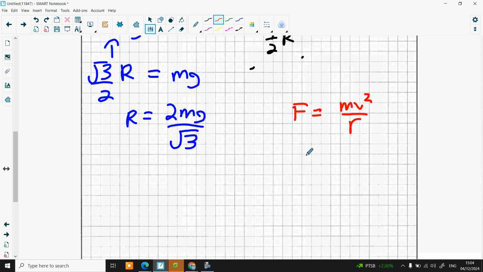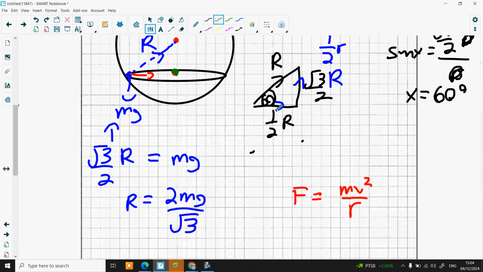What you reckon? So, F going into the middle is a half R, is what's driving it. And mv squared, so it's m times v squared over small r. And what's small r, guys? The radius of the circle.